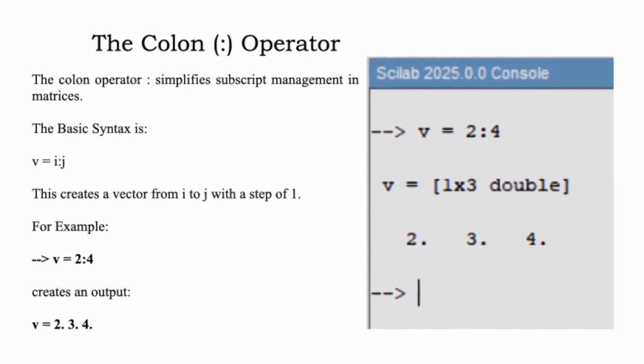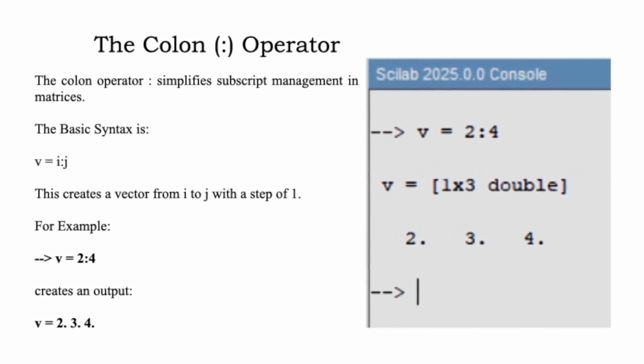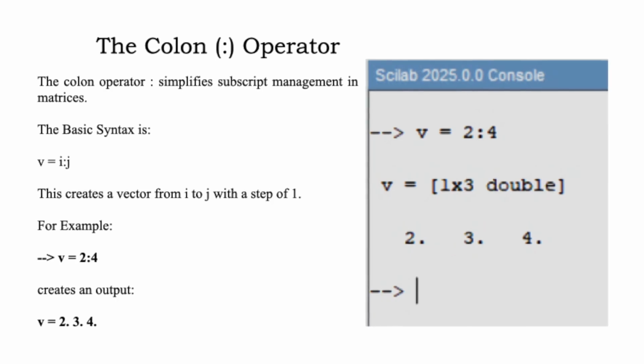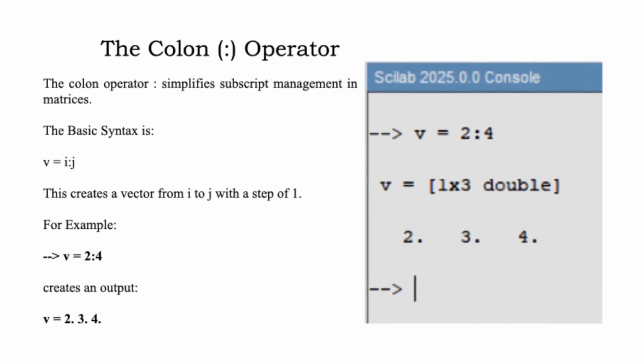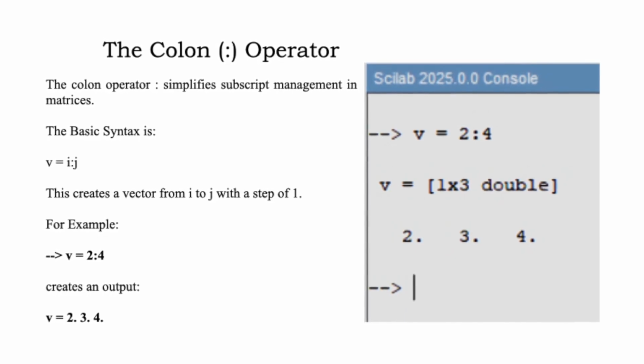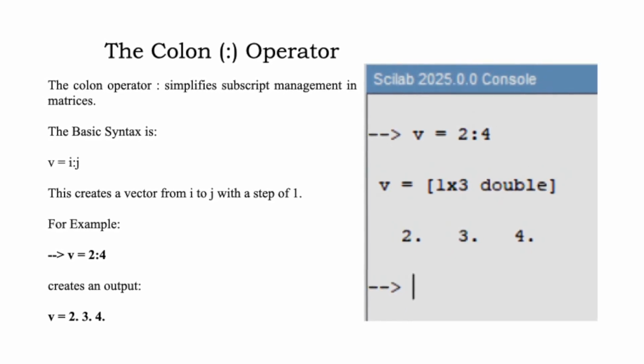This creates a vector from i to j with a step of 1. For example, V = 2:4 creates an output V = 2, 3, 4.